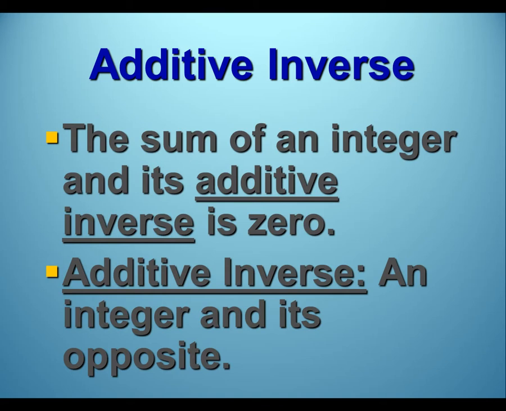It's the negative of a positive number. And if you have the opposite of an opposite, you have what you originally had. So it's a double negative. Additive inverse, an integer and its opposite.